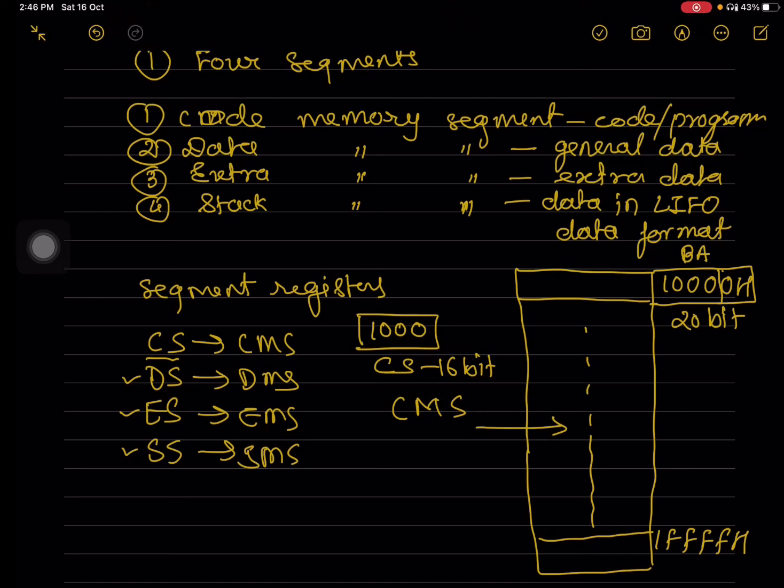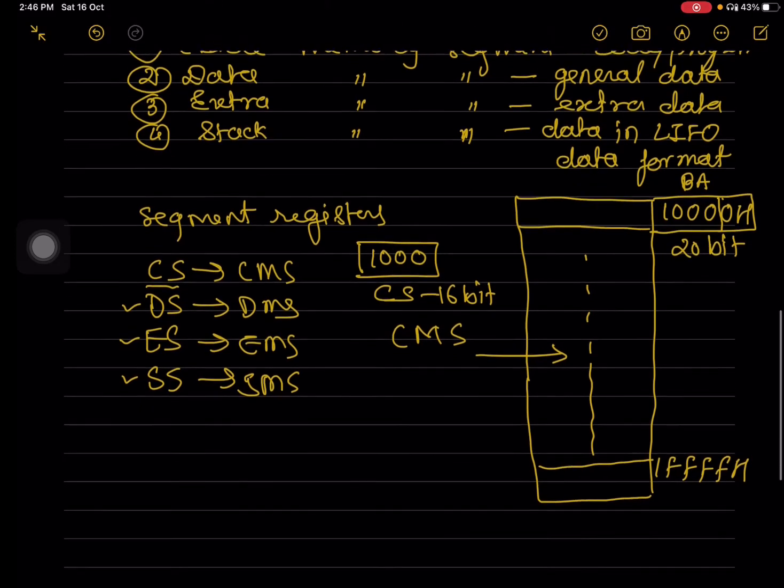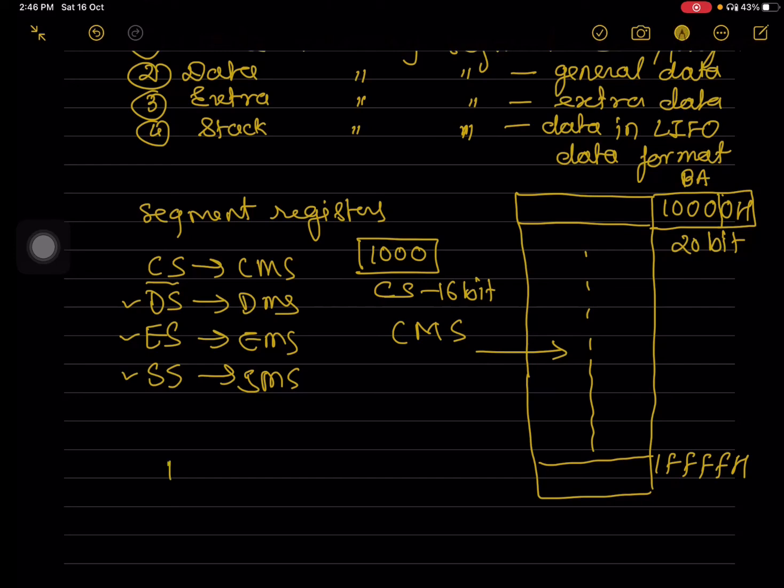Now, whenever the physical address is calculated, this 16-bit base address from the segment register is taken. It is multiplied by 10 to make it a 20-bit base address, and then it is added with the offset address or effective address, and using this formula a physical address is generated for a particular memory location.